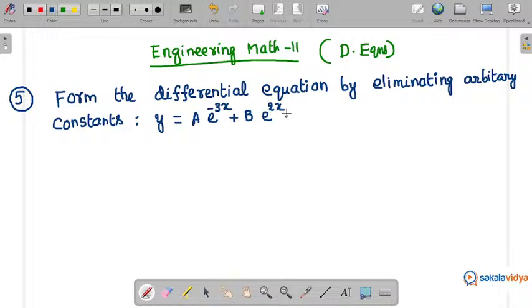So, in this relation how many arbitrary constants are there?